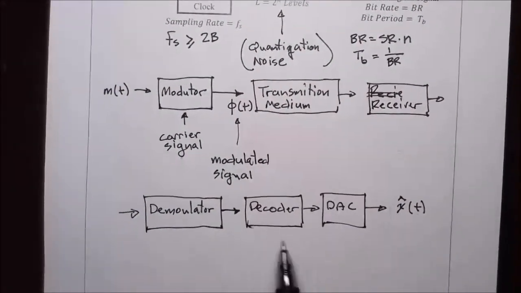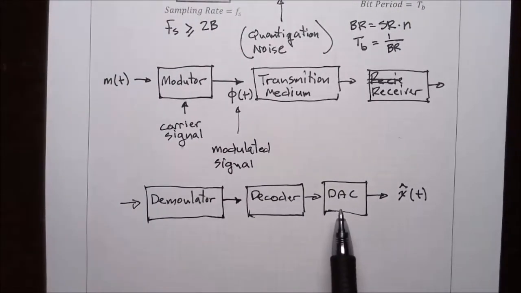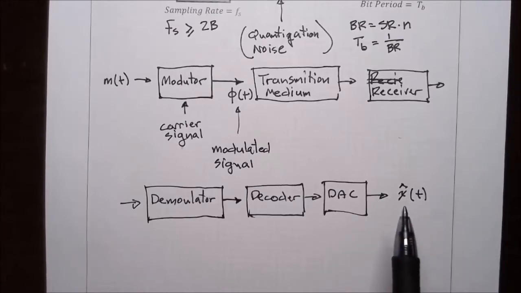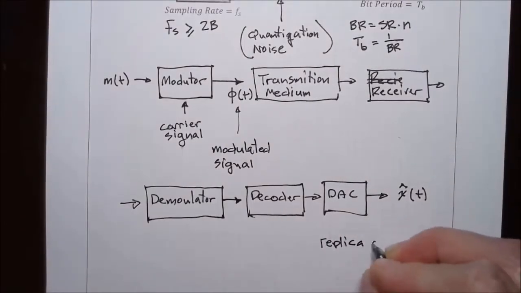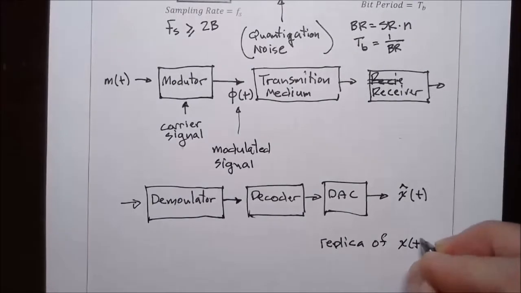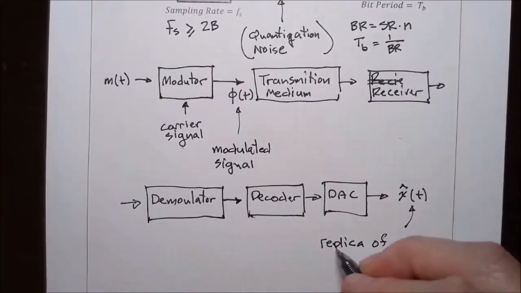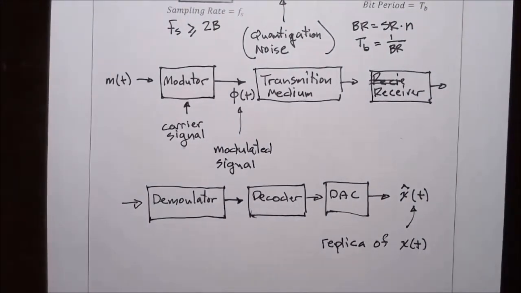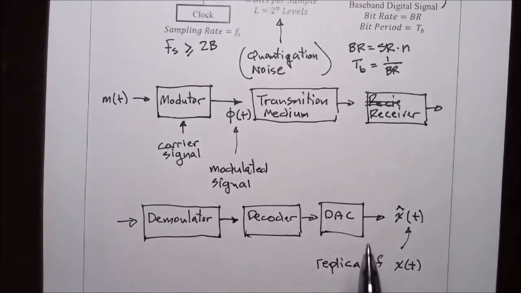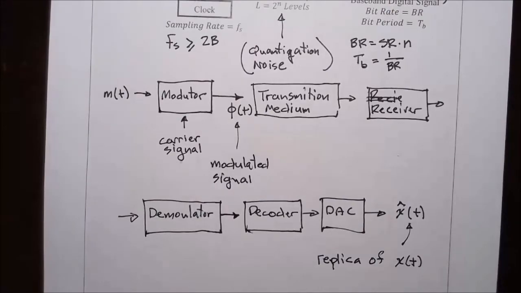And apart from amplification and perhaps a bit more filtering or equalization, frequency equalization or something, this would be a replica of x of t. Now, in practice, this replica is close enough that our ears can't tell the difference, or it's close enough that we can extract the information that we wish to extract from the signal.